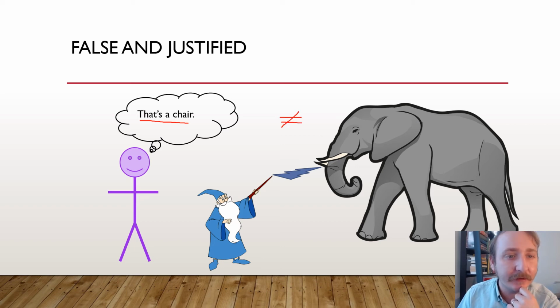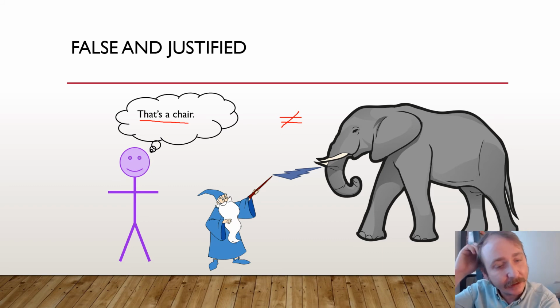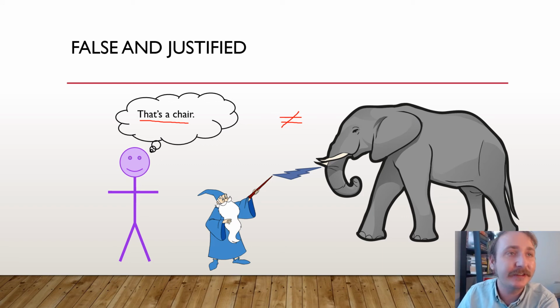And as a result, the statement is false, right? Well, it's still justified, though, because under normal circumstances, you're justified in believing something that's right in front of you, right? It just so happens, though, that this thing has been disguised in a very clever way by this spell from the wizard and appears to be a chair, right?